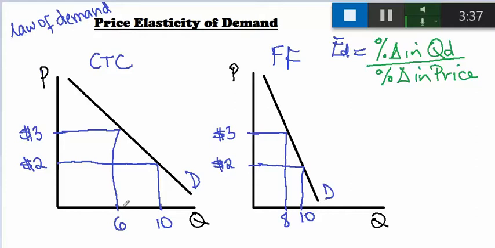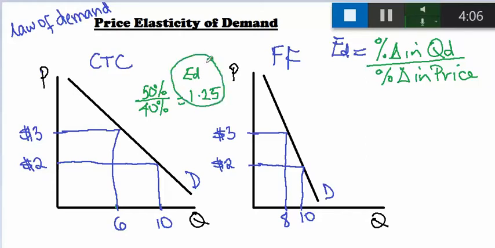But if this change from 10 to 6 gives us a percent change of 50%, and you divide that by the change in price from 2 to 3, which gives us a 40% change in price, then we have elasticity of 1.25. So our elasticity of demand for Cinnamon Toast Crunch is 1.25.